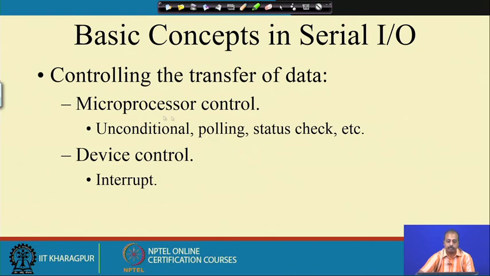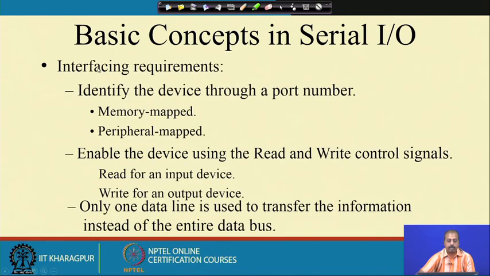This is under the microprocessor controlled facility. Under the device controlled facility, there can be interrupt. The device will send an interrupt to the processor, and when that interrupt comes, the processor will transfer the data. So, these are the challenges that we have. We have this requirement to identify the interface.